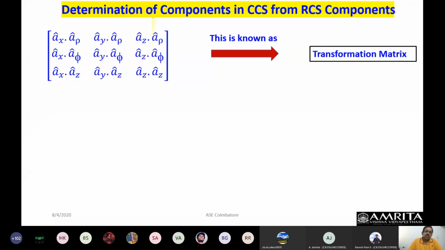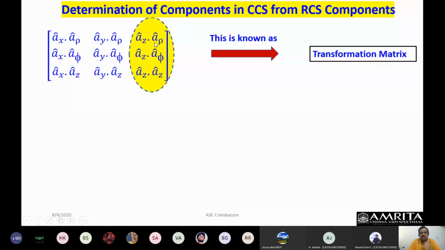I want you to pay attention to these two, the third column and the third row. The third column is here, the third row is here. There is a reason for it, and then we will come to the remaining elements. Let us take this column. For example, I want to know what is az arrow.